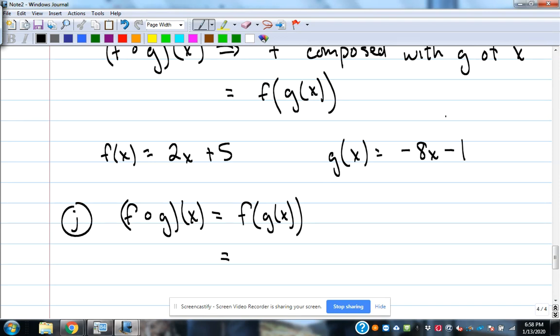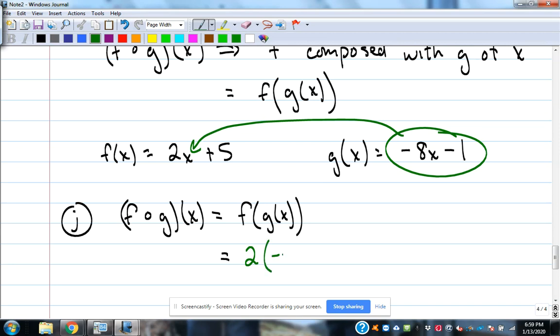So that's going to be 2 parentheses negative 8x minus 1 plus 5. All we have to do now is simplify it. How do we simplify that?